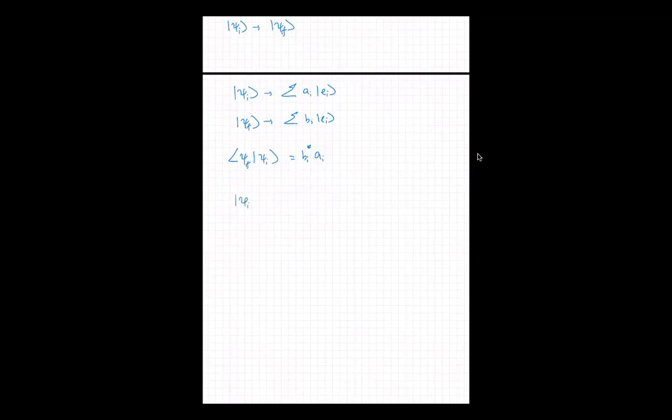I will write psi_i as the sum of a_i prime e_i prime, and psi_f as the sum of b_i prime e_i prime. Then I want the value of the inner product of psi_f prime and psi_i prime to be the same as that of psi_f and psi_i.